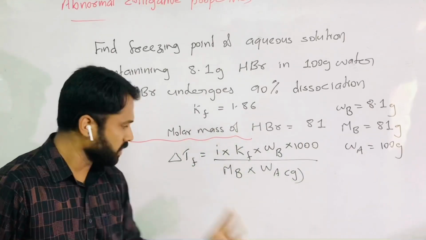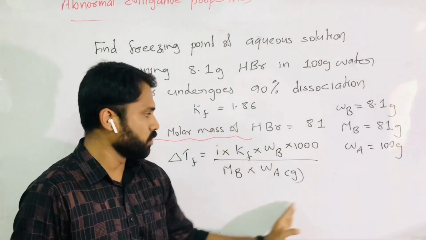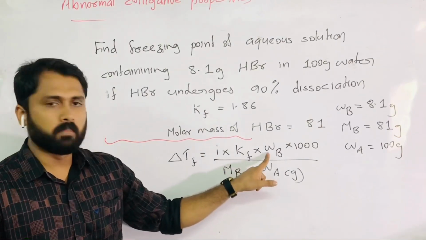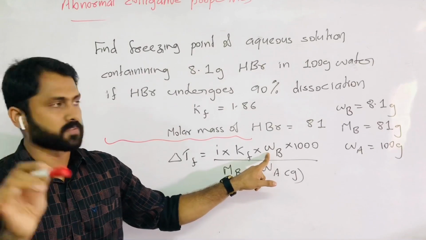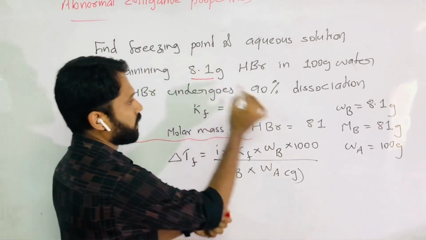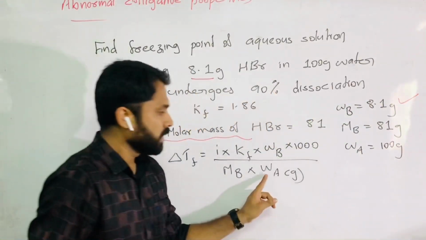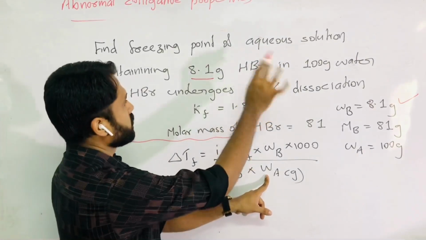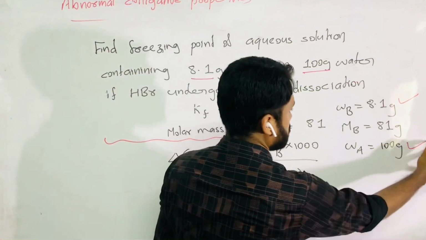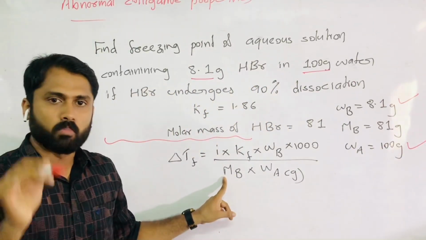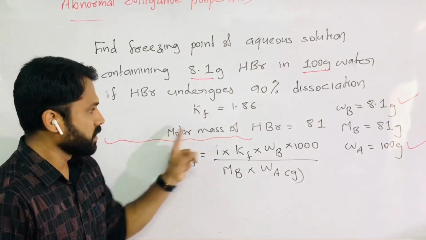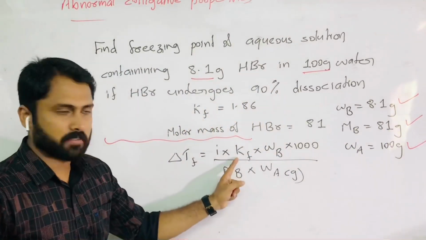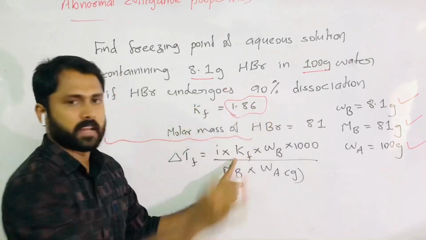We are familiar with this equation, delta Tf equal to i into Kf into Wb into 1000 by Mb into Wa. Wb means given mass of solute, that is 8.1 gram. Wa means given mass of solvent, that is 100 gram. Mb means molar mass of solute, HBr is solute, 81 gram. Then Kf is given 1.86.